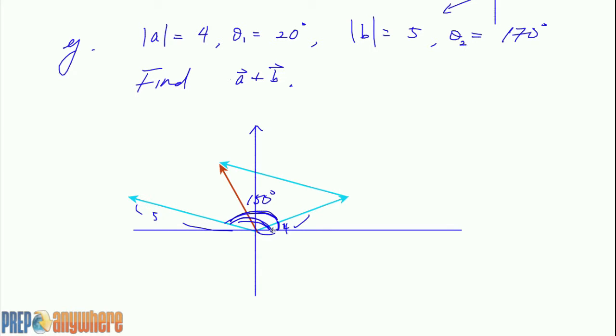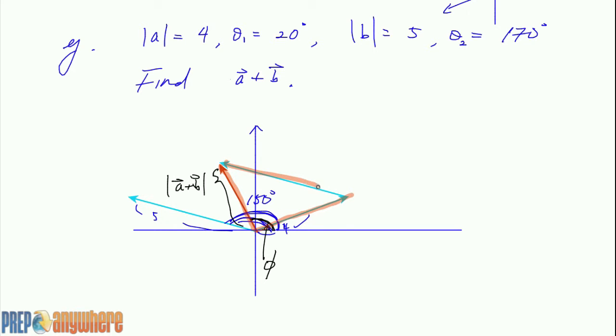Now what we need to do is find the magnitude of this, which is A plus B magnitude, and we also need to find this angle here. Let's call that angle phi. How do you think we can do this? Let's focus our attention on this triangle here.